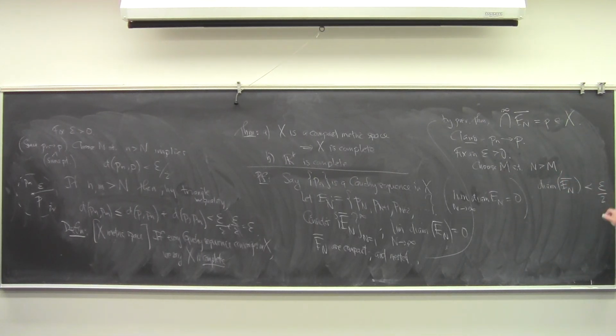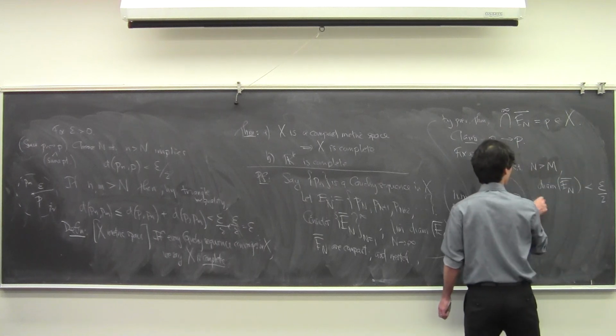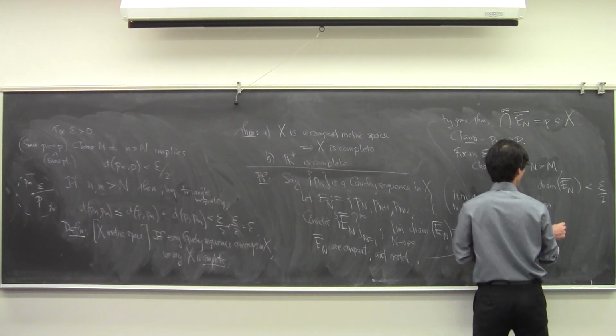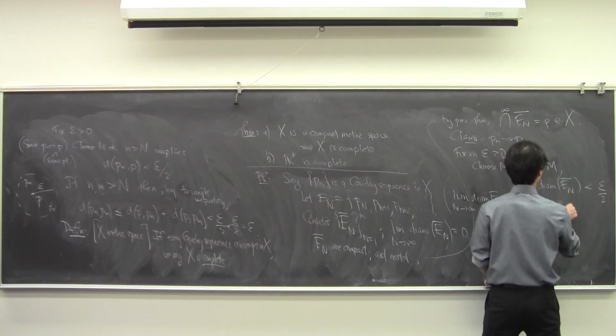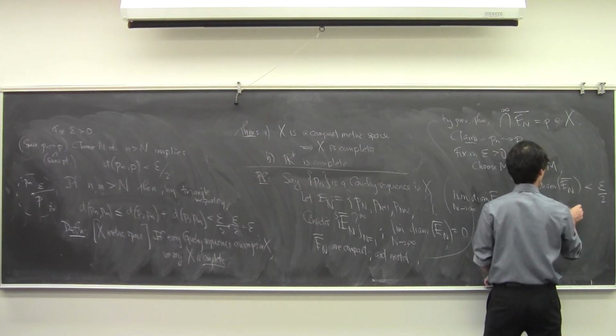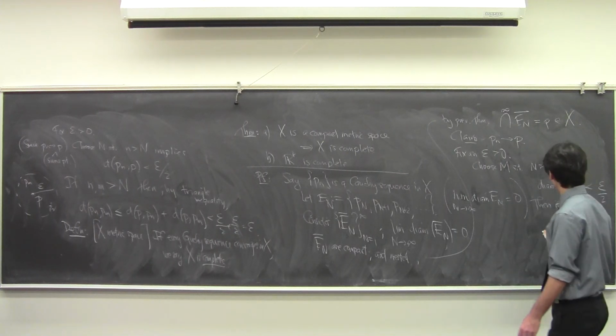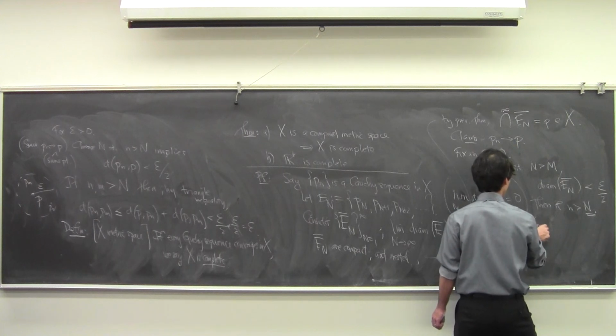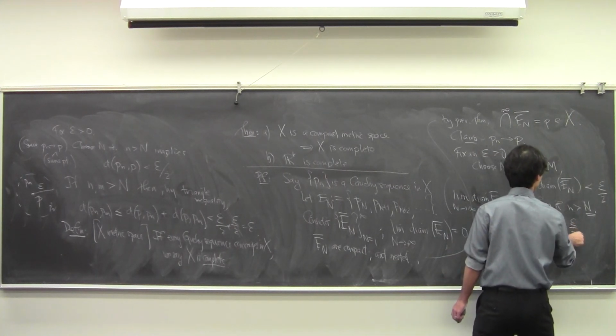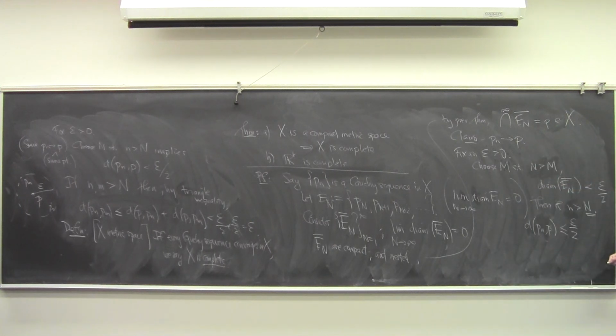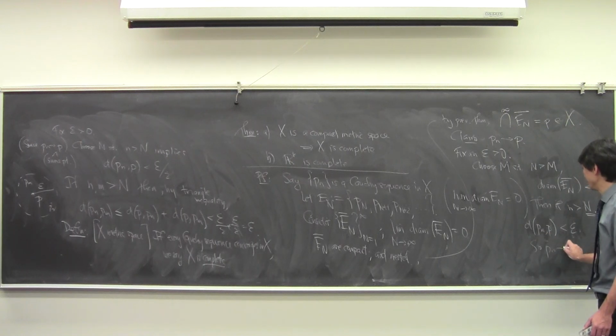Then if little n is bigger than that capital N, the distance of p_n to p is smaller than epsilon. So p_n does converge to p.